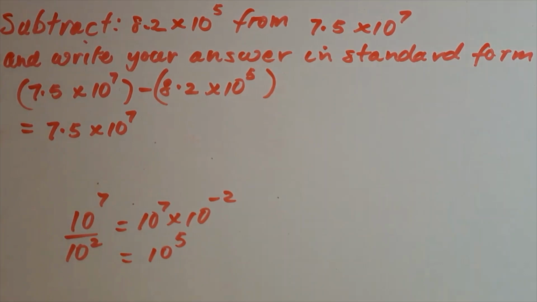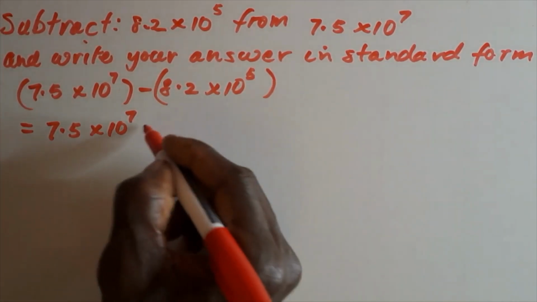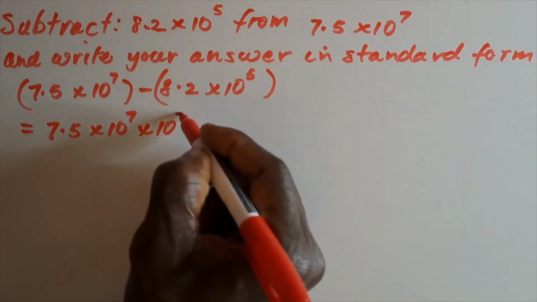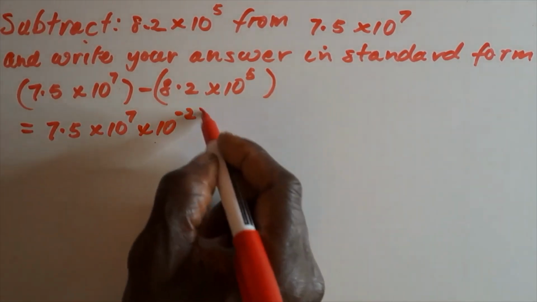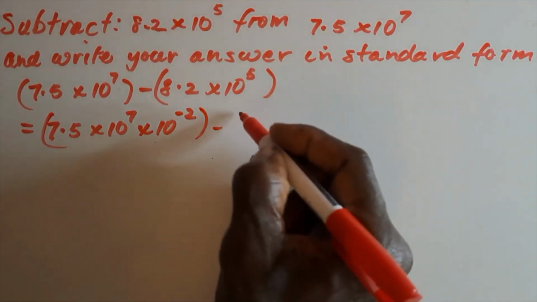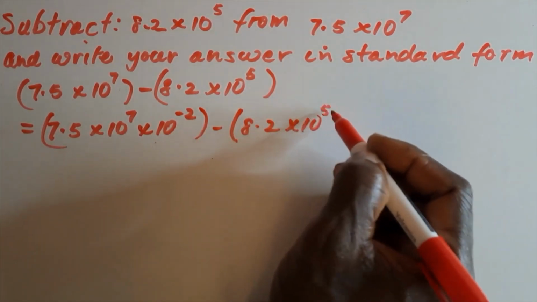So either we write it as 10 squared divided by 10 squared, or we can write it as multiplied by 10 to the minus 2, which we'll do. Same as writing that this whole value is divided by 10 squared. And we'll write this remains the same, 8.2 times 10 to the 5th.